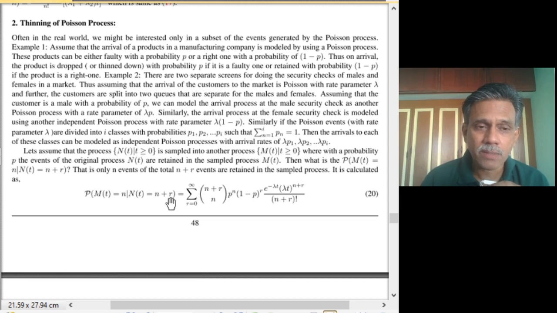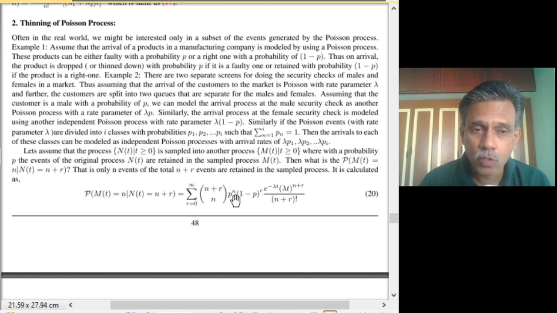Because in the original process, at least n should have occurred, then only n would have gone to the sampled one. Any value more than n could occur, therefore r can range from 0 to infinity. Therefore, sigma r equals 0 to infinity, (n plus r choose n) p power n, (1 minus p) power r.